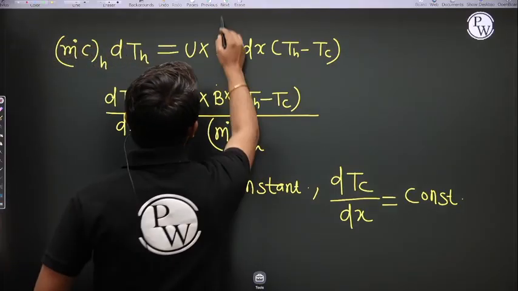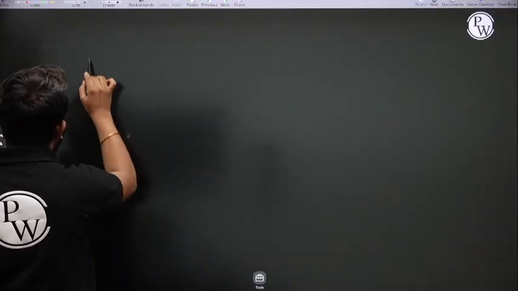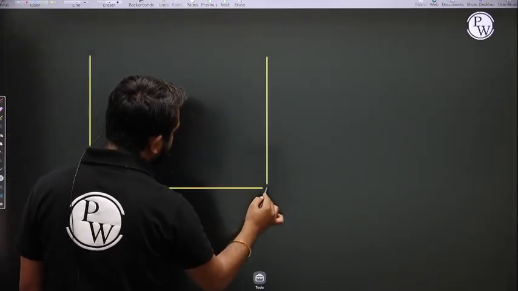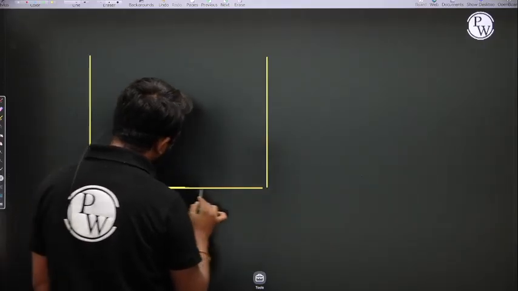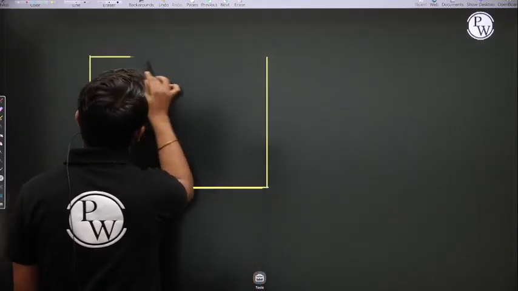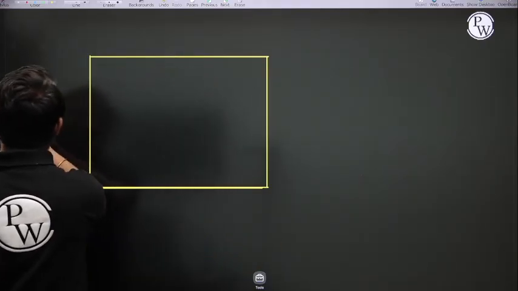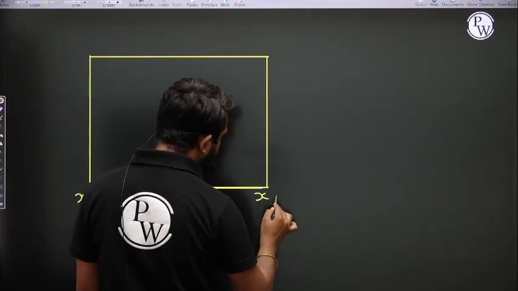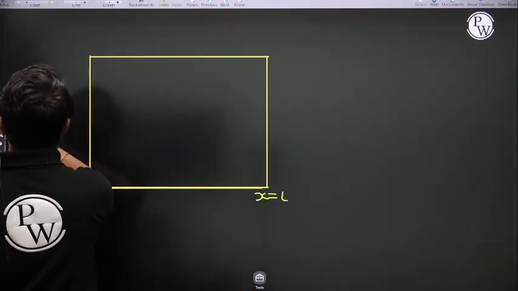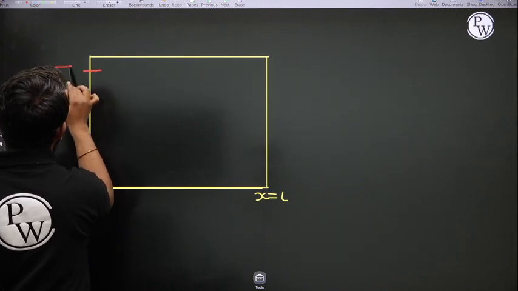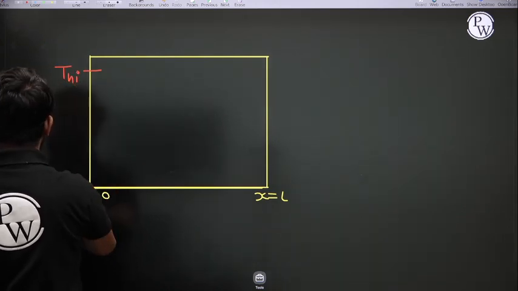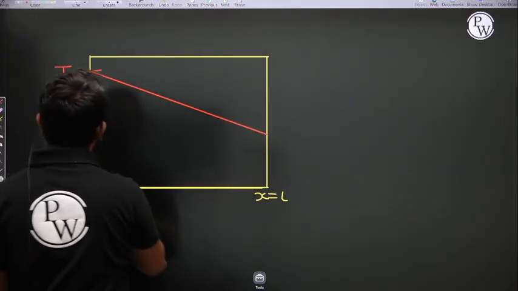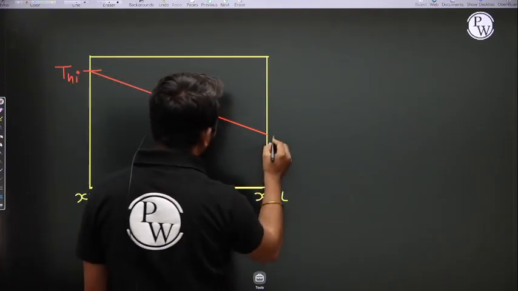For the balanced type of heat exchanger, this is the correct temperature profile. This is x is equal to 0, x is equal to L. Now this is THI, and this is THE.